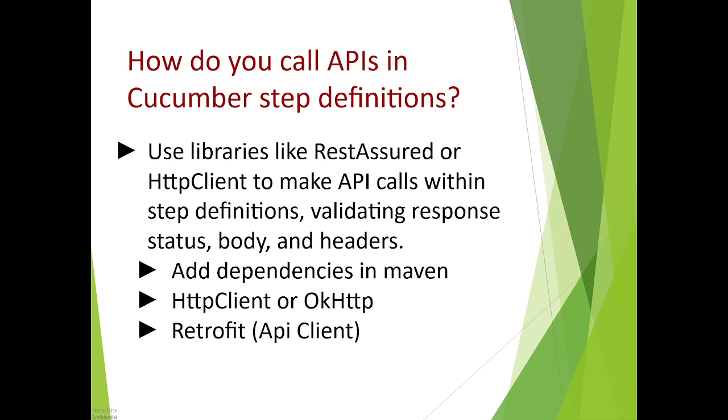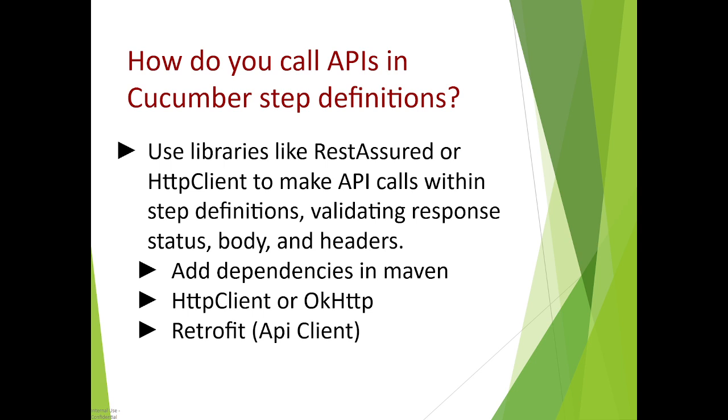You need to use the io.cucumber dependency from Maven Central, and we have to use Jackson Databind. This is very much needed to parse the JSON. We have to use a feature file where you can write the given-when-then format, and then we have to write the step definition.